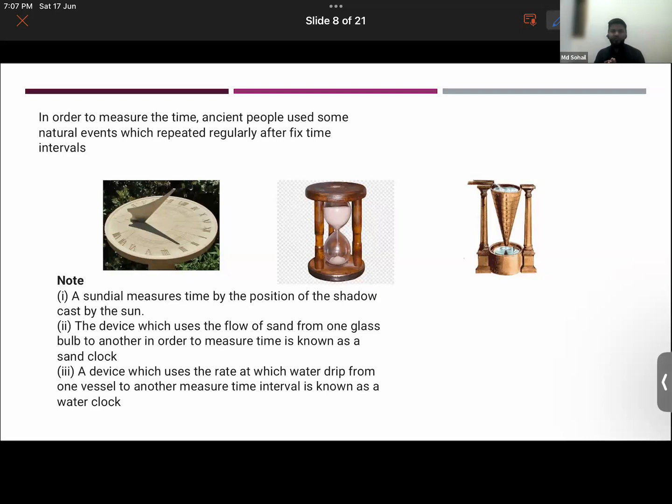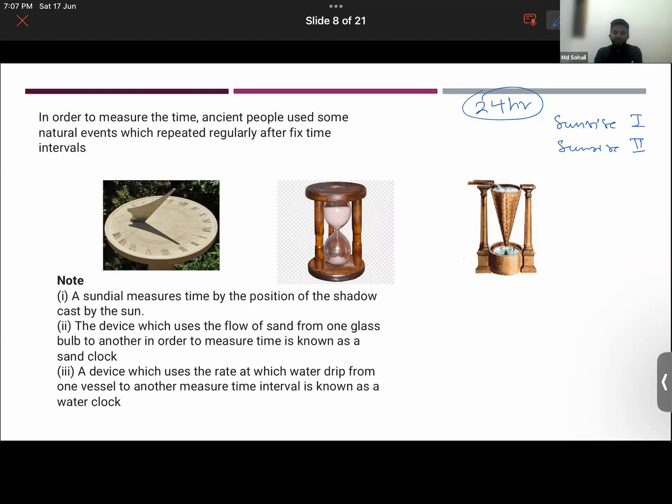So they got the idea that one day is from one sunrise to another, and this is how they got the idea of 24 hours.